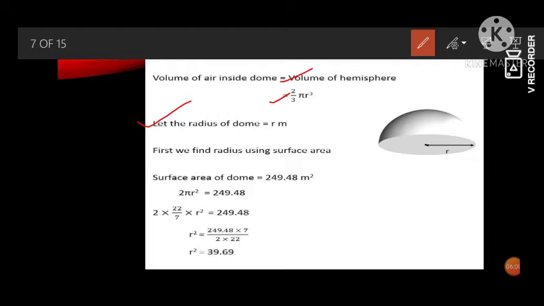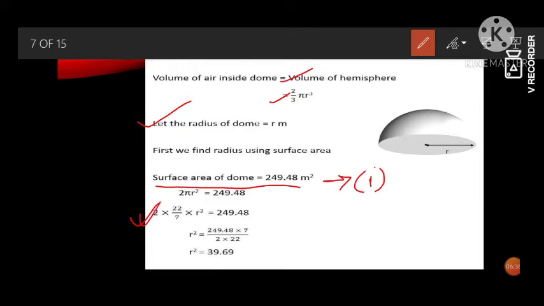So inner surface area is equals to 249.48. This was found out in subpart 1. So 2 pi r square is equals to 249.48. In place of pi, we are going to substitute 22 by 7 as pi is not mentioned.